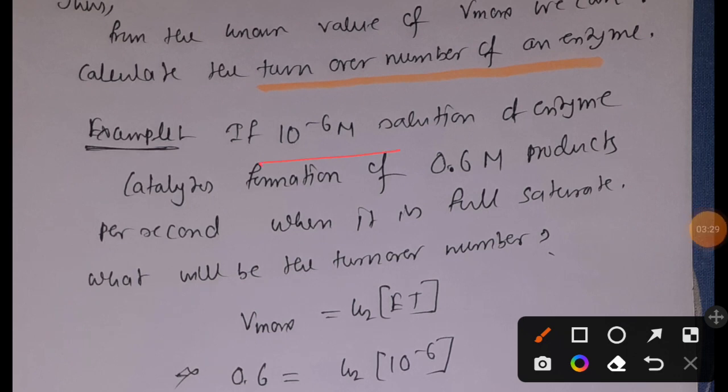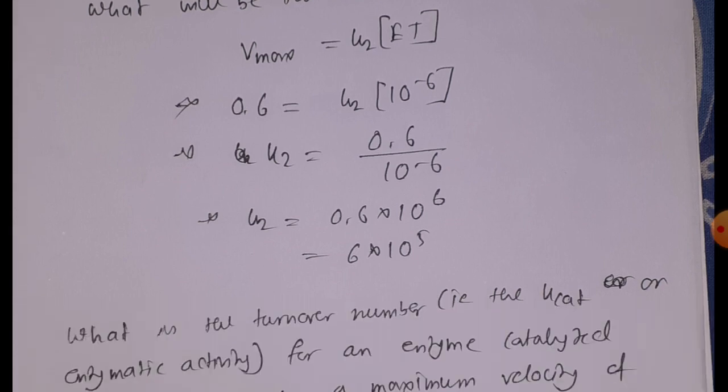If a 10 to the power minus 6 molar solution of enzyme catalyzes the formation of 0.6 molar product per second when it is fully saturated, that means 10 to the power minus 6 is the total enzyme concentration, and this one is the Vmax. So they want from you the K2, sorry, not KT, they are wanting the value of K2. So you can easily calculate it.